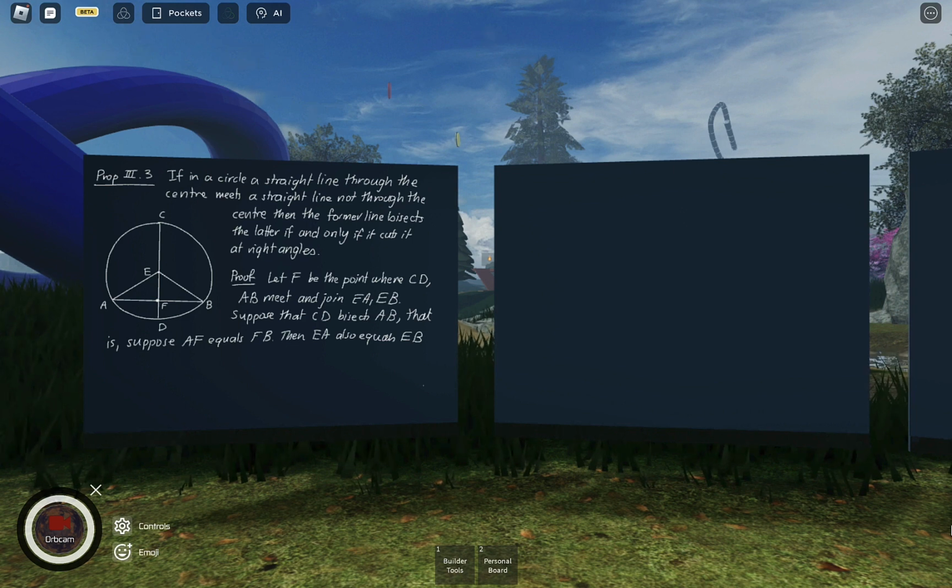So it's a kind of strange way to say it. I'll just cite the relevant fact. So by proposition 8 from book 1, the angle AFE equals the angle BFE.